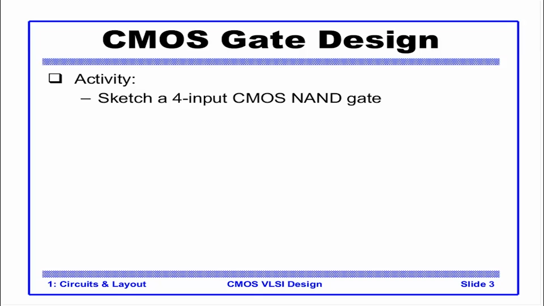So this is the first activity which I want you all to do. Get a 4-input CMOS NAND gate. This should not be very difficult considering we looked at 2 and 3 input NAND gates in Unit 1. So just to review that, a NAND gate will have two parts of the circuit. The pull down will be connected to the ground, and will be comprised of NMOS transistors.